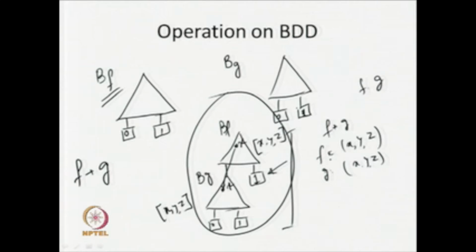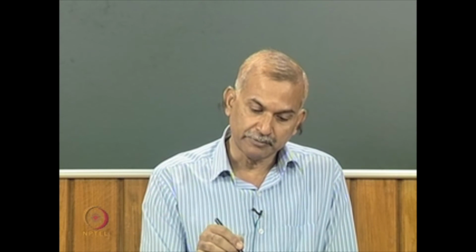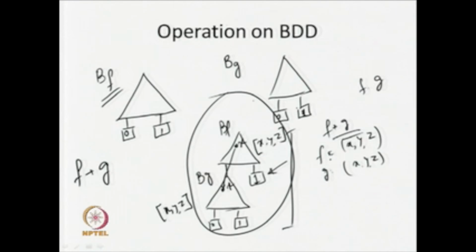So, if we simply construct the BDD for f plus g by taking the BDD bg with your bf, then we are not going to get an ordered BDD. That means the resultant BDD is not an ordered BDD. So, we simply cannot use the operation that we use for BDD.